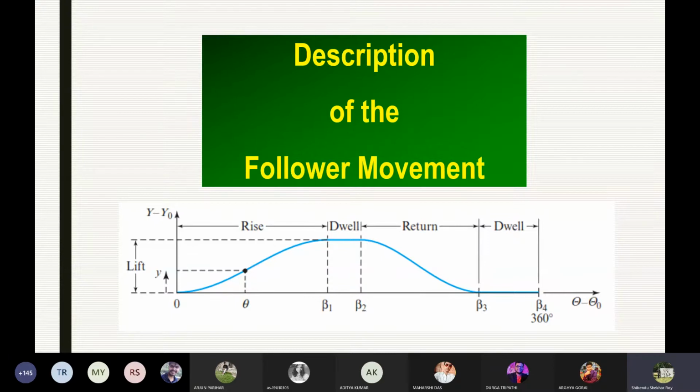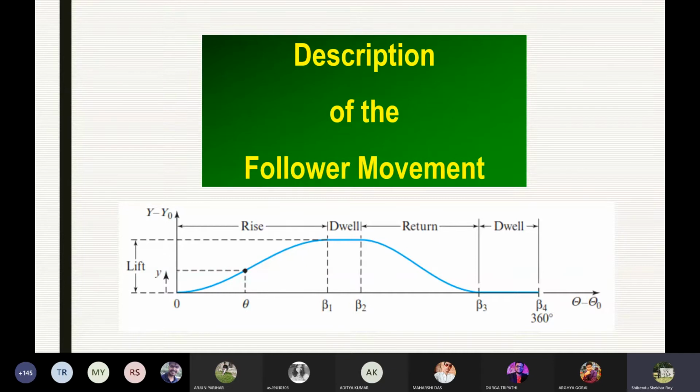The symbol to use here is theta Ri, theta subscript Ri. I have taken this from Shigley's book, where they have used beta one, but I like to use theta Ri. Theta Ri means rise: the angle covered by the cam during the rise phase of the follower.